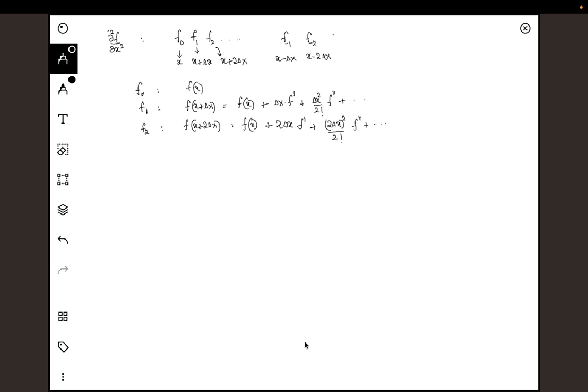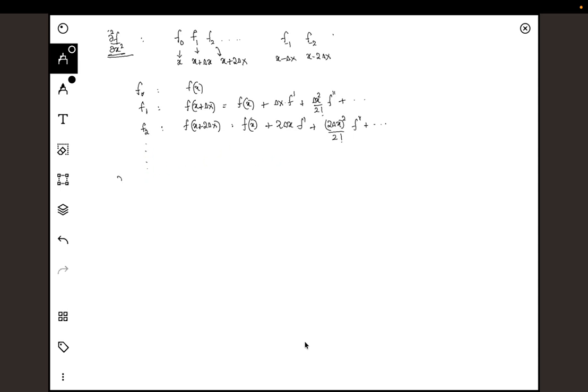So what we are trying to do now is get an approximation for this particular function, so we'll write del square f by del x square. Similarly, we'll write for all other terms, whichever you have, f minus 1, f minus 2, and so on. You write all of these terms.